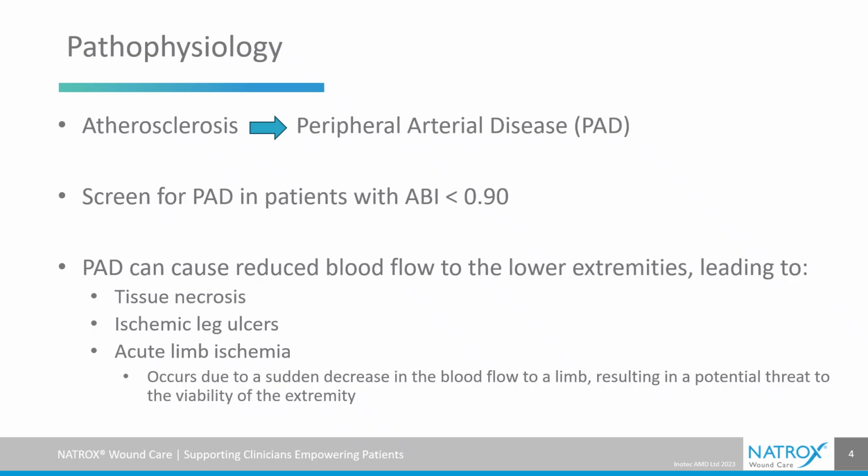PAD can cause a reduction in blood flow to the lower extremities, which leads to tissue necrosis, ischemic leg ulcers, and acute limb ischemia. This occurs due to a sudden decrease in blood flow to a limb, resulting in a potential threat to the viability of the extremity.